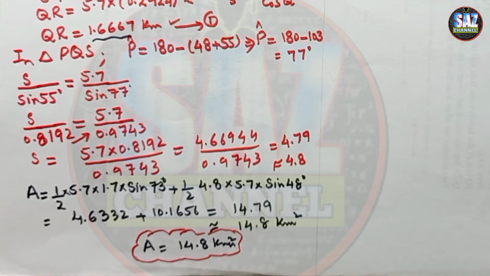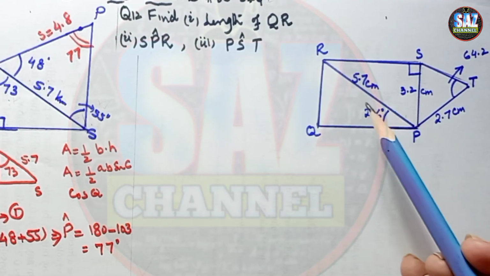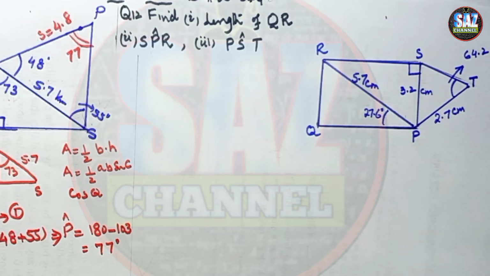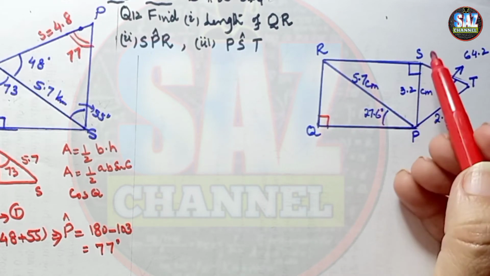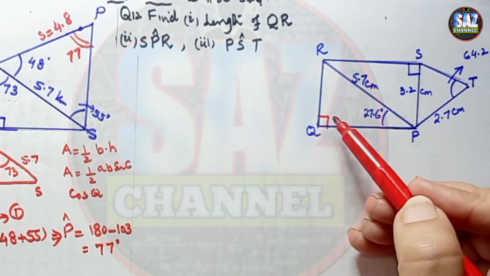Let me read the next question. Question 12 says, in the figure, angle PQR equals angle PSR. These two angles are 90 degrees, given.